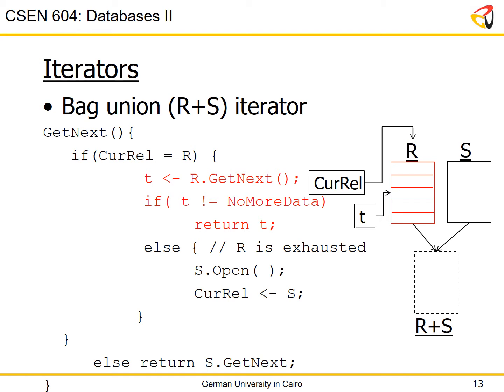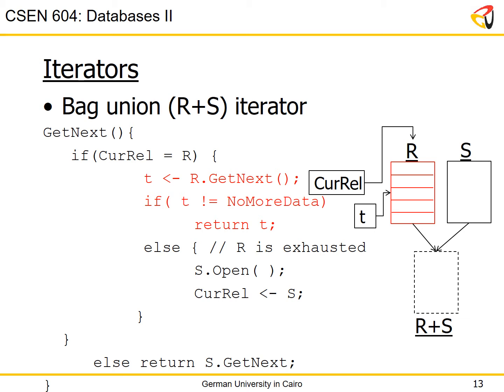Okay? You see here in the code highlighted in red, if the current relation equals R, then get me a tuple from R using R.getNext. And this is something you also need to be aware of: the reason why we like iterators in the database world is that they are nested inside each other.